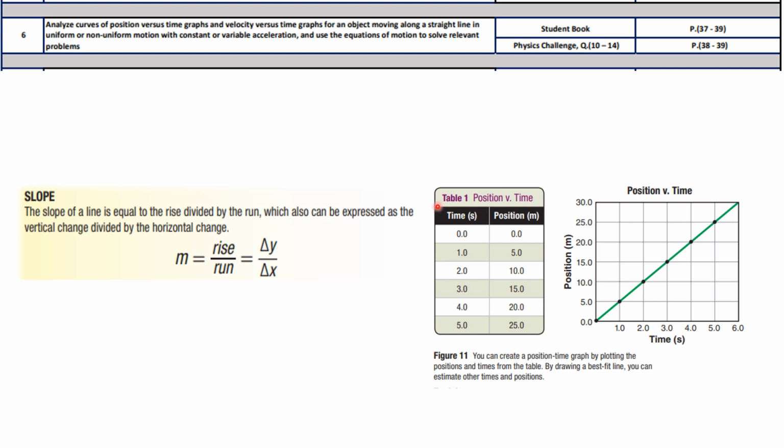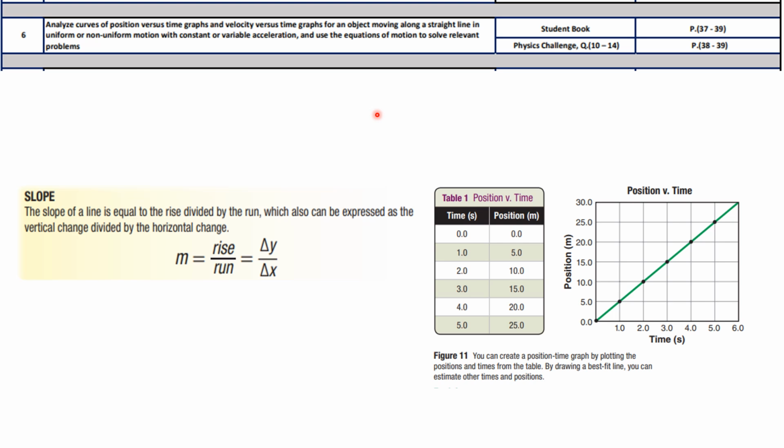Now moving on to point number 6. Analyze the curved position versus time graph and velocity versus time graphs for an object moving along a straight line in uniform or non-uniform motion with constant or variable acceleration, and the equation of motion solver. To start solving such questions, the first step is to calculate the slope.